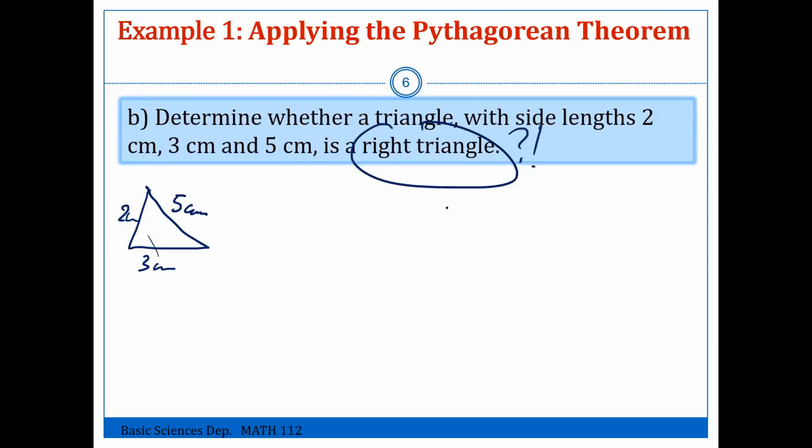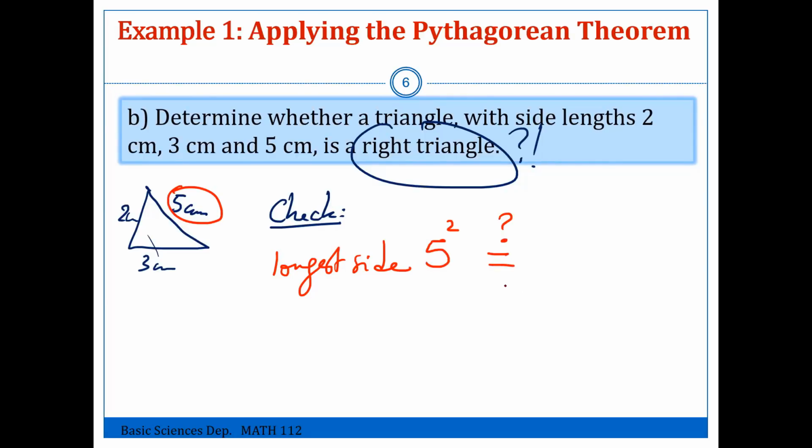How do we know? We must check whether Pythagoras is satisfied or not. How do we check? You must identify the longest side. Where is the longest side? 5 centimeters. So 5 squared.